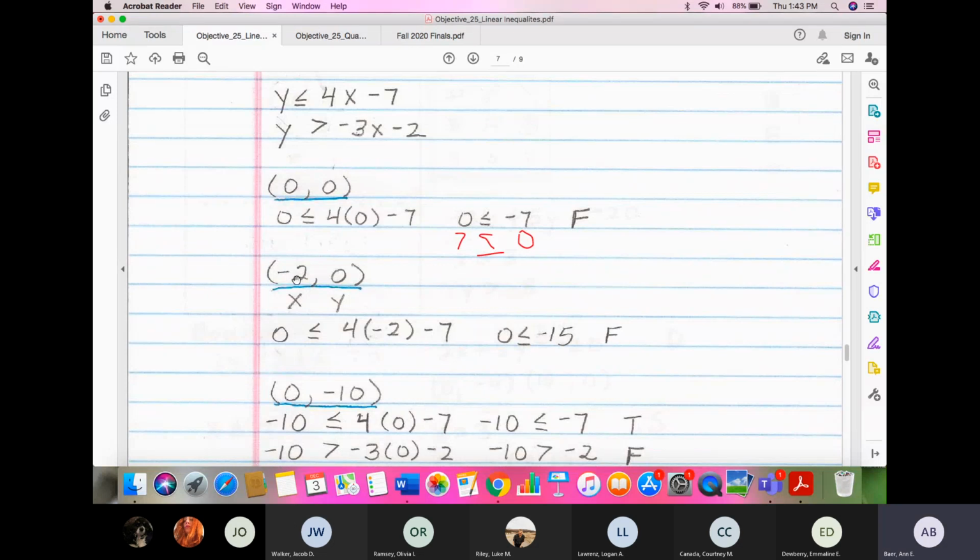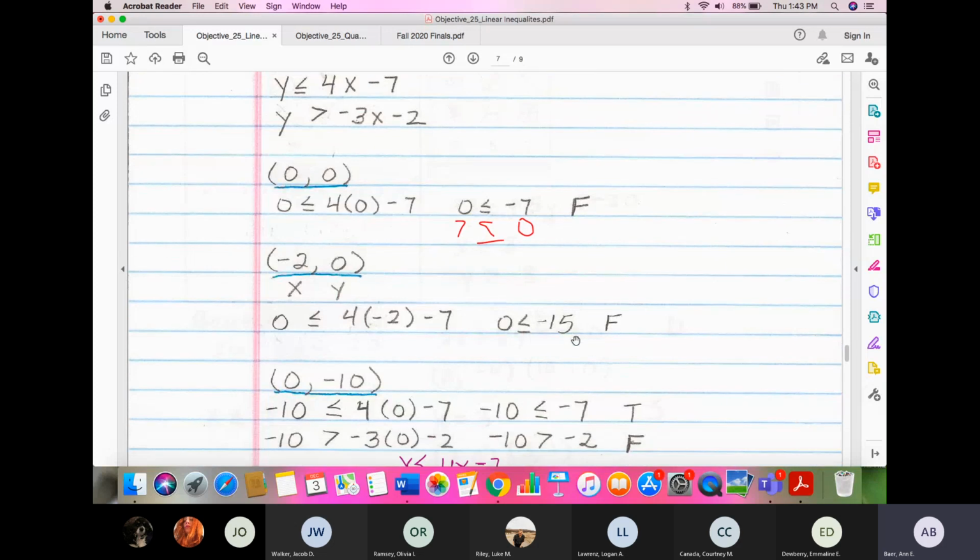Our x here is -2. 4 times x will be 4 times -2, minus this 7. So we get 0 on this side, less than or equal to 4 times -2, 4 times -2 is -8, minus 7 is -15. Is 0 less than or equal to -15?